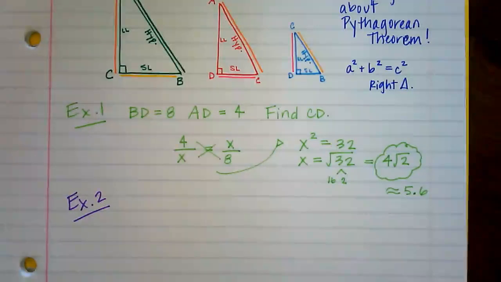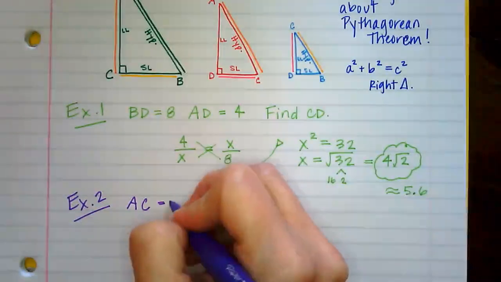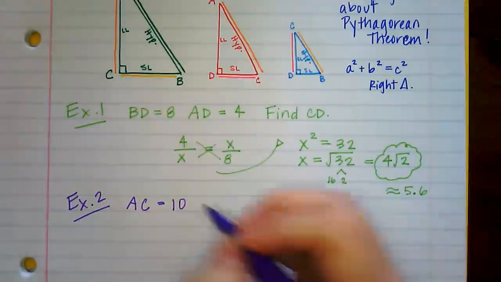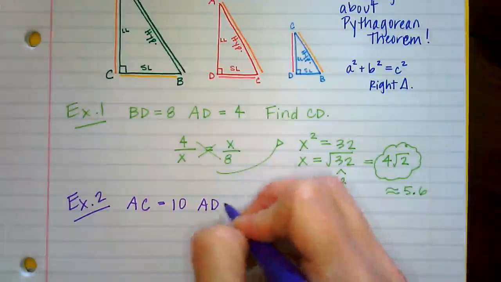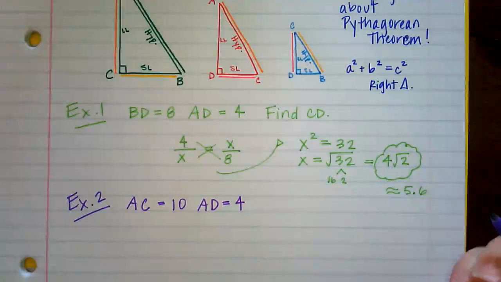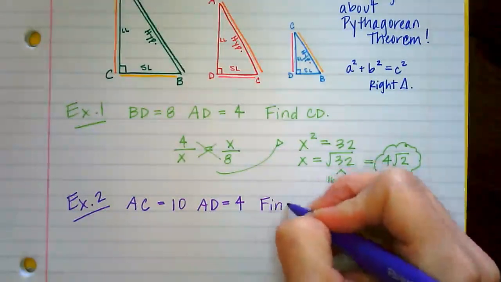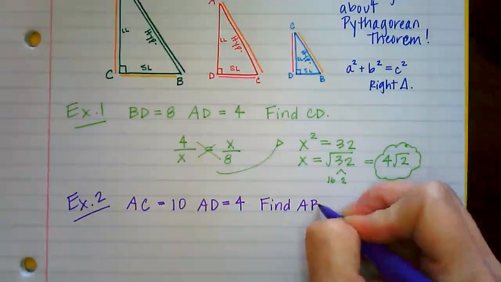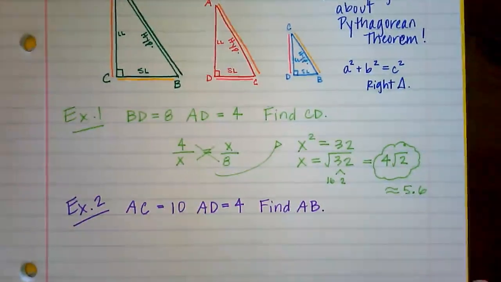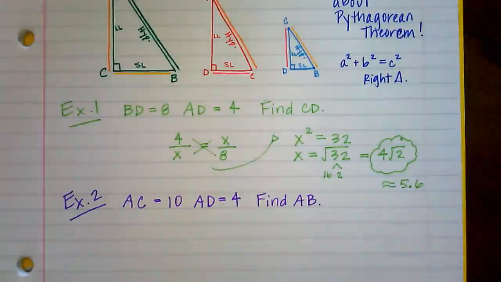So this time I'm going to say that AC is 10 and AD is 4, and I want to find AB. All right. So AC is 10, AD is 4, and I want to find AB.